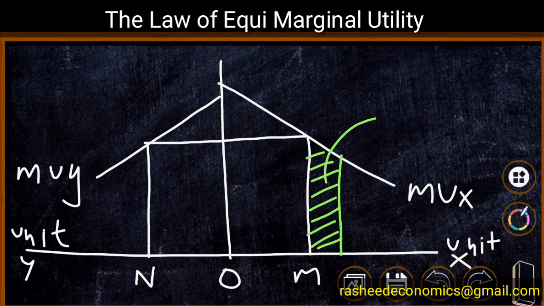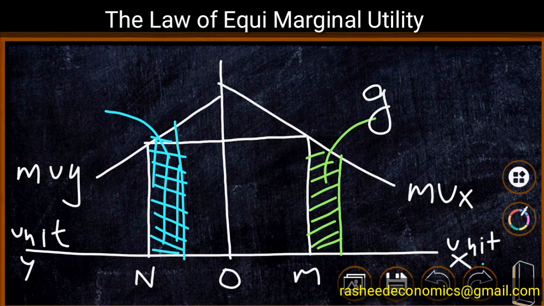Similarly, in order to increase the consumption of X by this much amount, the consumer will have to reduce the consumption of Y by a particular amount. Therefore, that will be the loss in utility. The gain in utility is the green shaded area and the loss in utility is the blue shaded area.